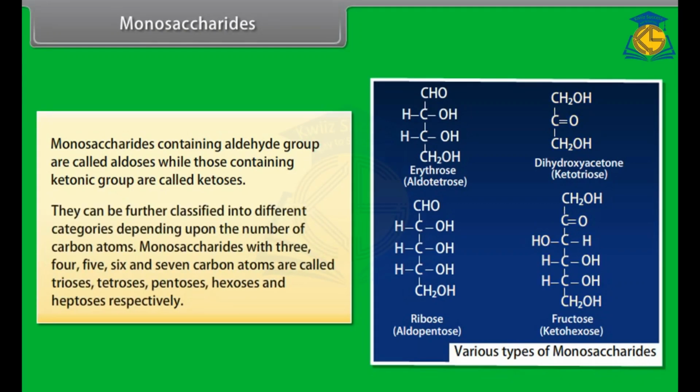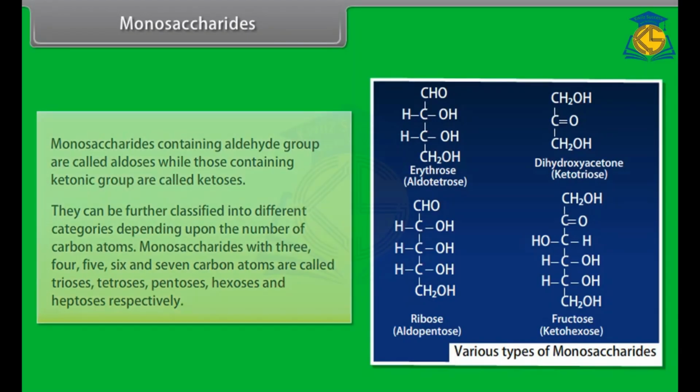They can be further classified into different categories depending upon the number of carbon atoms. Monosaccharides with 3, 4, 5, 6 and 7 carbon atoms are called trioses, tetroses, pentoses, hexoses and heptoses respectively.